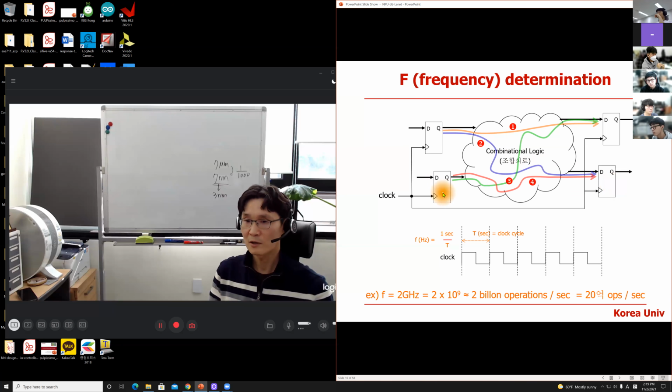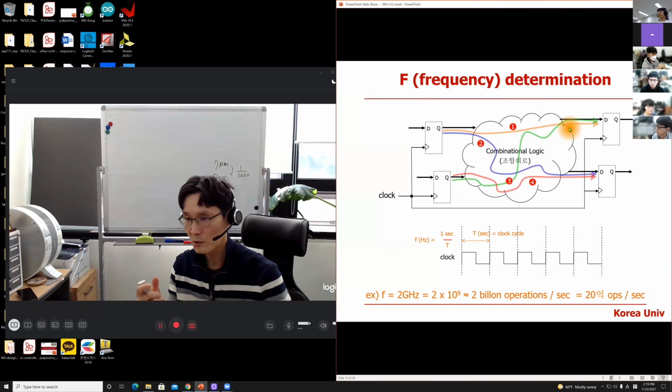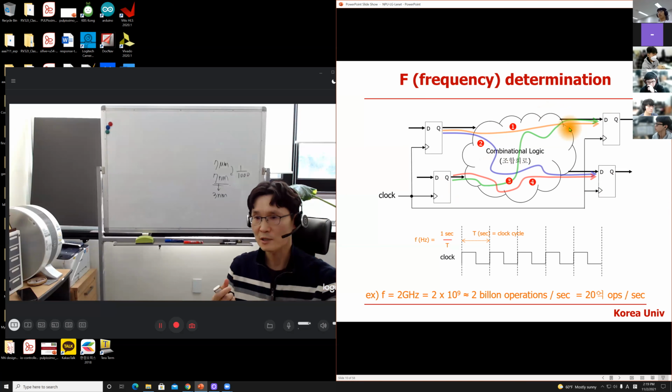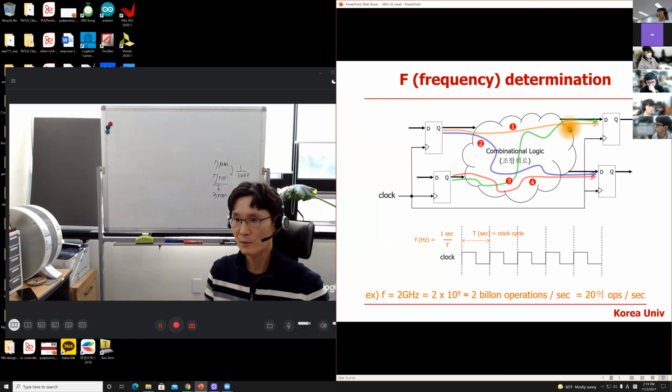Okay, so from left bottom to this one and to here. So 4 different paths. Among those 4, the clock frequency is determined by the longest path, the critical path, in other words, right? Whichever is longest, 1, 2, 3, 4, that determines the clock frequency, right?